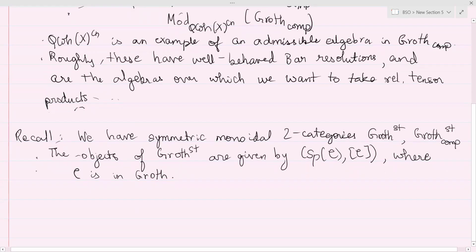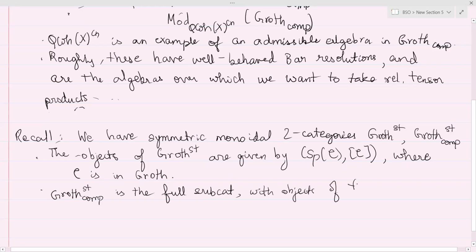Groth^{ST,comp} is the full subcategory with objects of the above form, but you ask that C is complete.